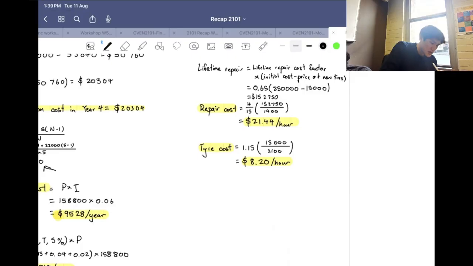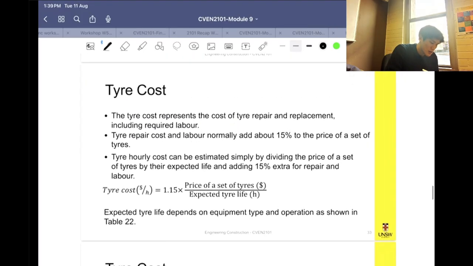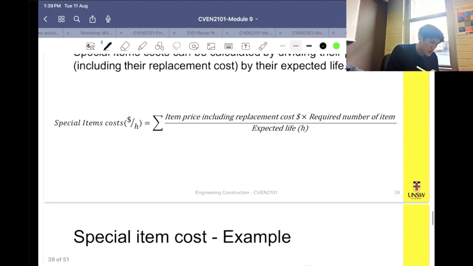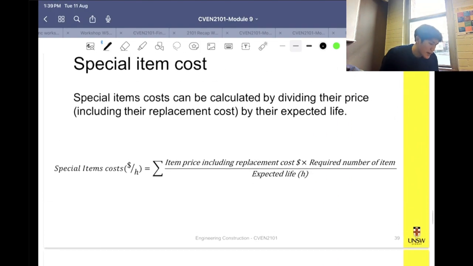Next part of it is your special item cost. So that's like your buckets and blades, all that extra material, I guess. Special item cost is the sum of the item price, including replacement cost, by the required number of items, and divided by the expected life.